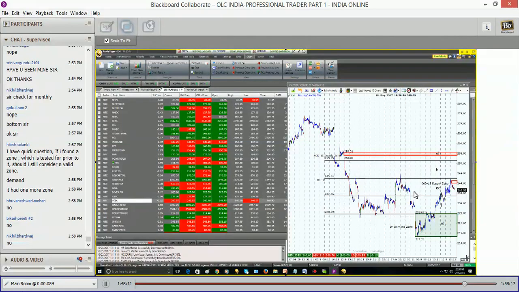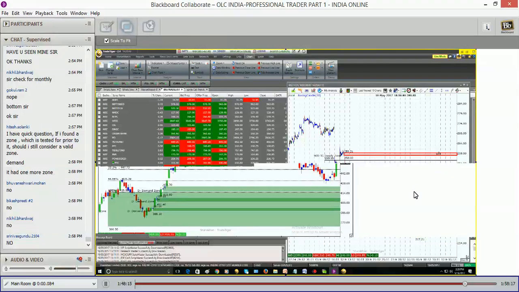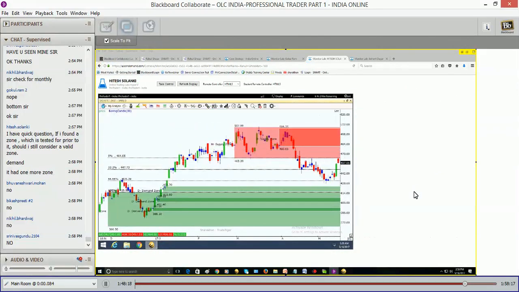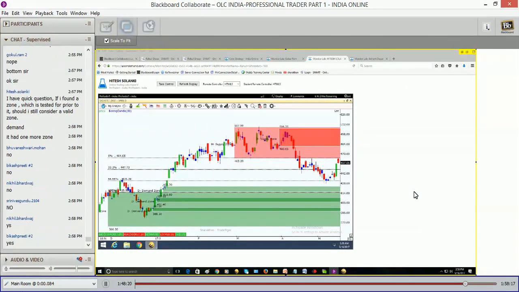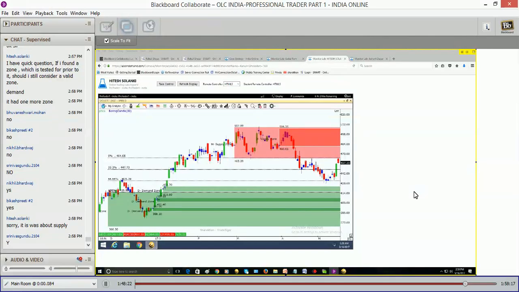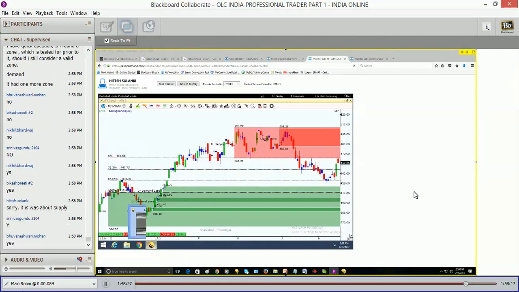No. Why is that? Okay, now you should be able to see it. Now the supply zone that you have marked at 506 to 480, Hitesh, is tested. Because can you see, one, that your leg out candle is completely submerged inside your zone, which is anyway not a good sign. Second, the second leg out has come and touched your zone and then moved out.